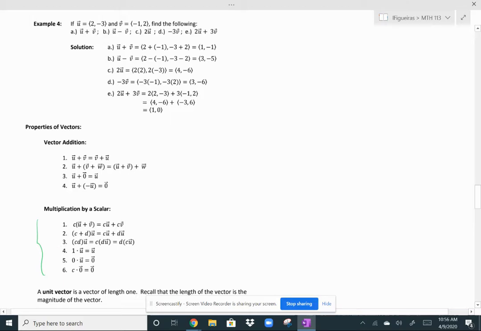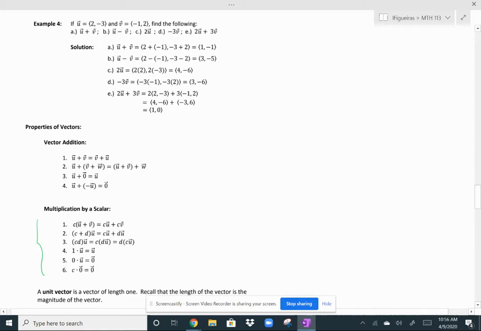And number 3, again, should remind you of associative, because you can group them in different ways. So if you have CD times U, you can multiply CD and then multiply by U, or you can multiply D and U and then multiply by C, or you can multiply C and U and then multiply by D, and they all give you the same result.